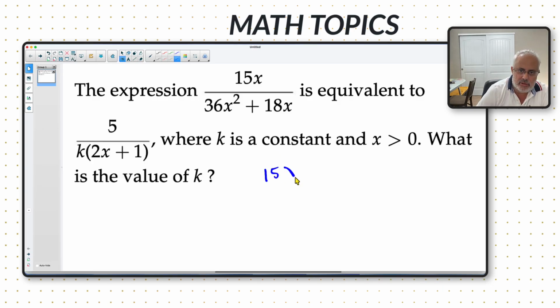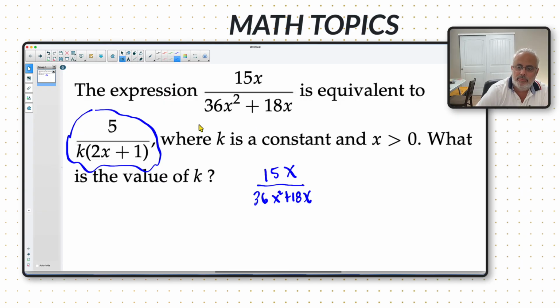So you have 15x over 36x squared plus 18x. I won't touch this now. I'm going to factor out the 18x. This is equal to x plus 1.